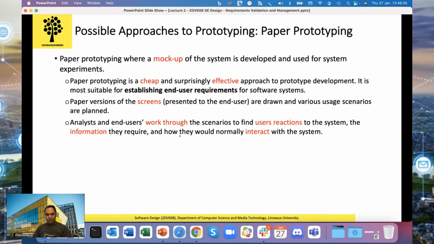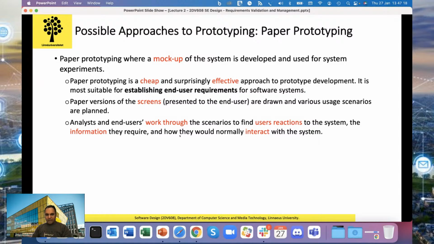So what you do, you usually draw screens, imaginary screens, and then you transit from one screen to another screen, and simulate your scenarios based on the use cases, for example.